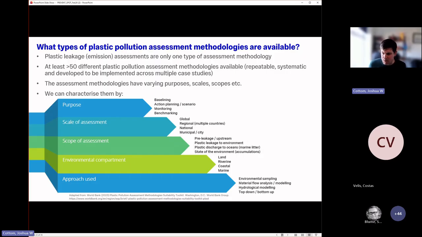So really this series has been focused on the plastic leakage to the environment, plastic emissions to the environment, and the MFA-based approaches. But there are a lot of other different ones out there. So if you are interested in understanding them, you can go to this link at the bottom, the PLAST toolkit, and download that and look at the different methodologies available.